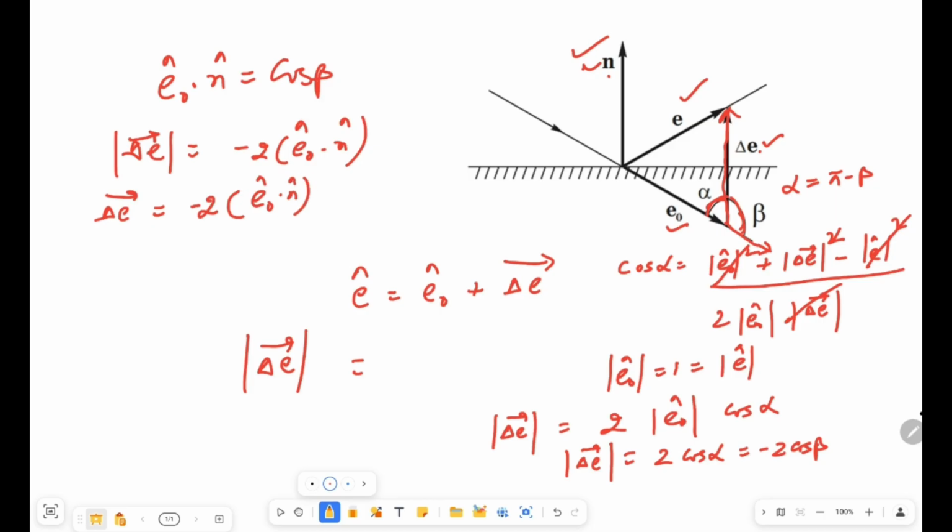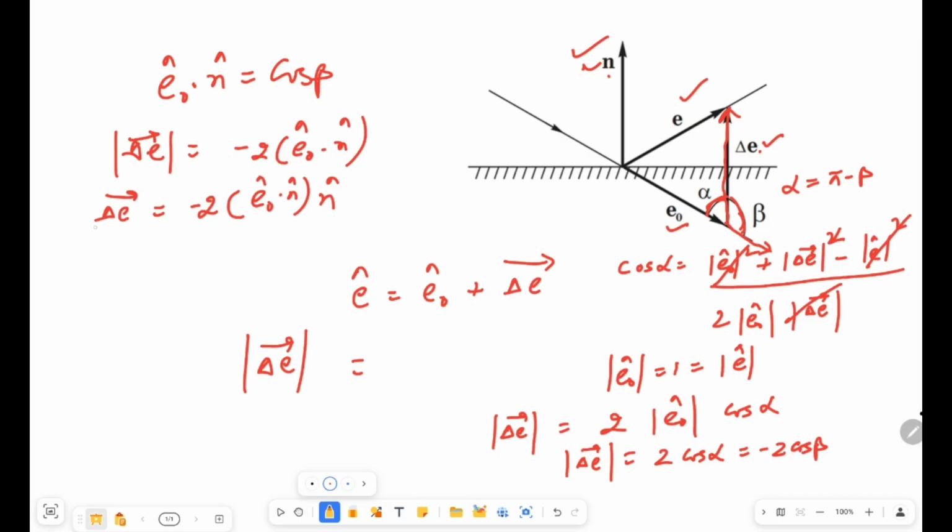And you don't bother about whether this magnitude is negative. It's positive, because cos beta, that is equal to E naught dot n, is itself negative. So after putting this minus sign, it will become positive.